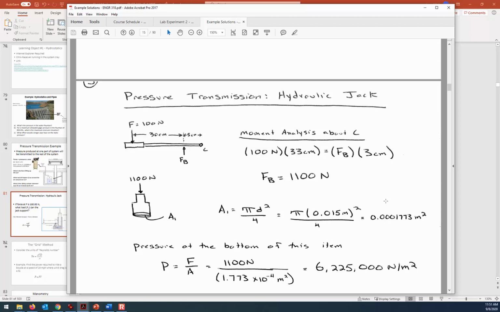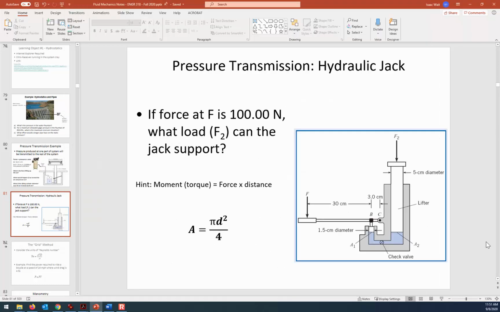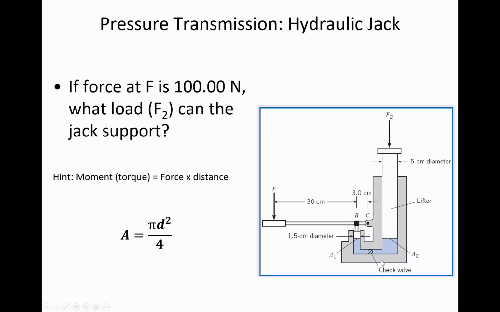Okay, now the next step is similar to what we've done already. The next step is we're going to say that's the pressure of the fluid inside of this device. Inside the jack, we know it's 6.2 megapascals. And so that's going to be the same pressure that's acting on this A2. And so it's pushing up on A2.